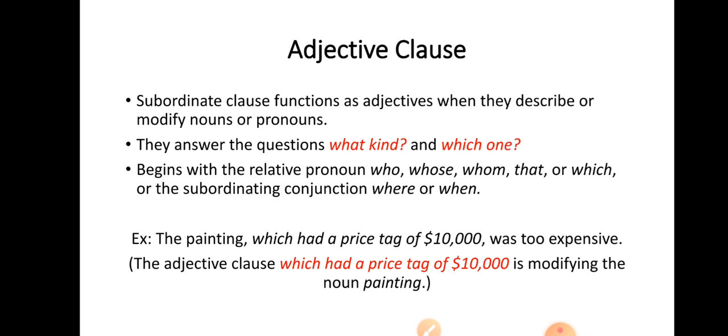Now let us see adjective clause. The subordinate clause functions as an adjective. Actually, you should know the definition of adjective. An adjective is a word which defines or adds extra meaning to a noun or pronoun, isn't it? We know the definition of adjective.